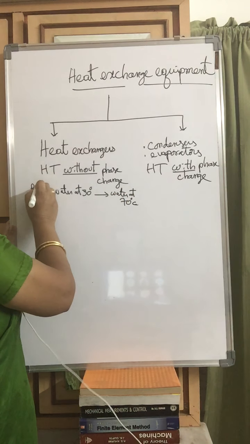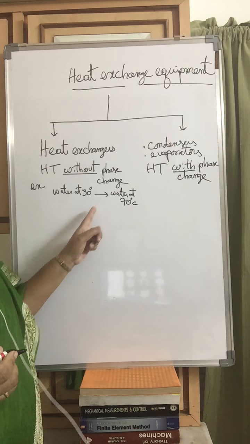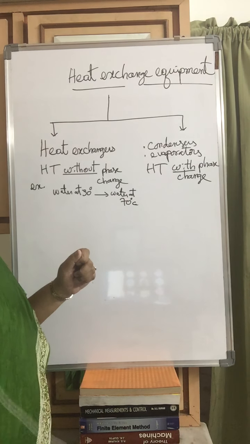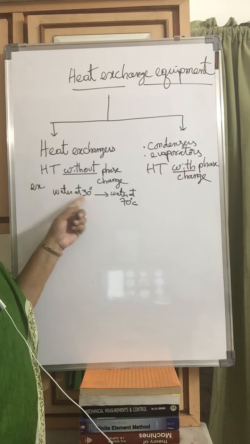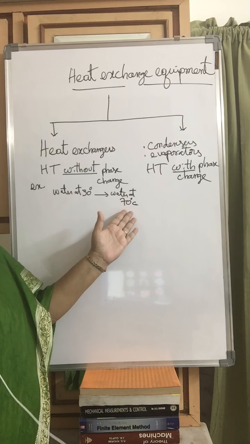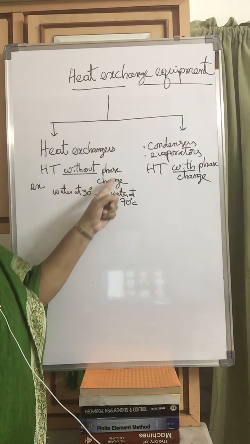At 30 the water is in liquid form, and at 70 it is also in the liquid form only. That is, there is no phase change.